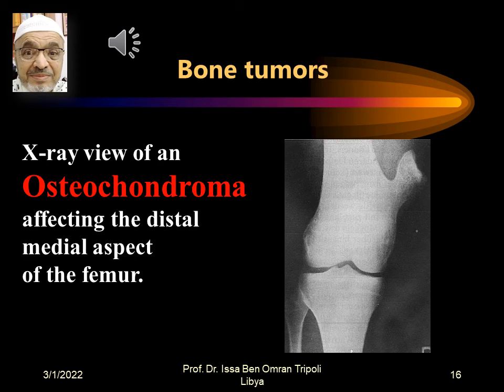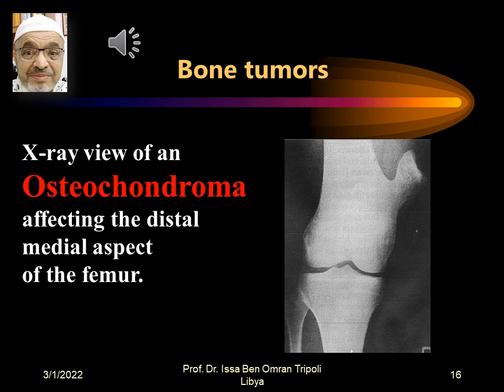This X-ray view shows osteochondroma, single. It means solitary. One osteochondroma affecting the distal medial aspect of the femur. How do we know that it is the medial aspect?